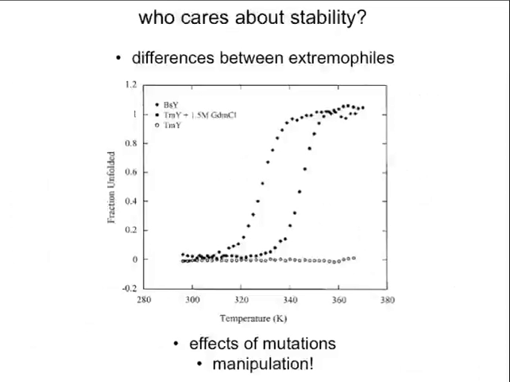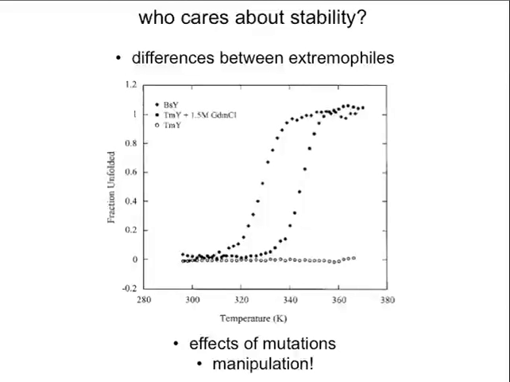Okay, who cares? Well, there's a lot of reasons to care about stability, but something that's easy to get our brains around is simply, for example, thinking about the differences between different kinds of molecules. Let's think about the differences between extremophiles and mesophiles.